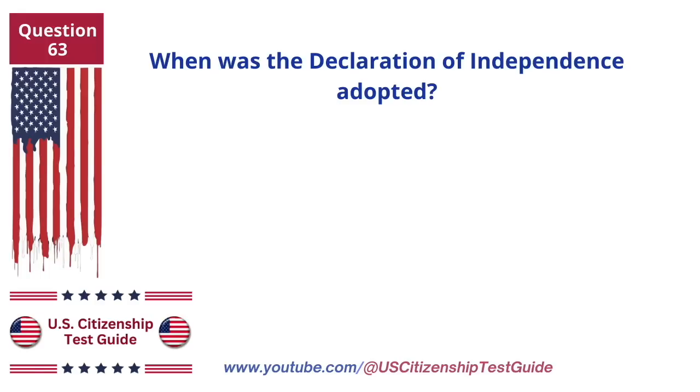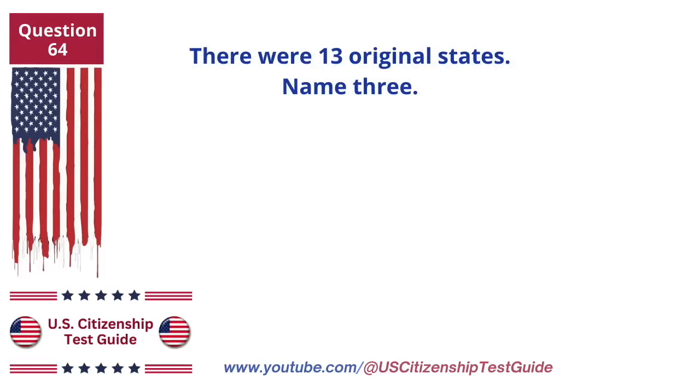When was the Declaration of Independence adopted? July 4, 1776. There were 13 original states. Name 3.